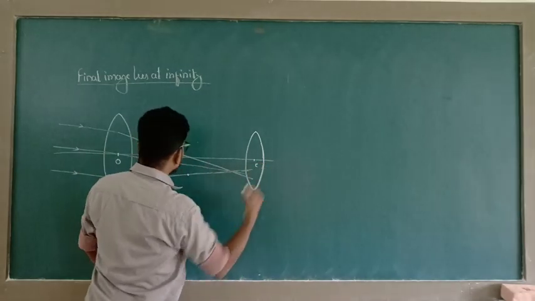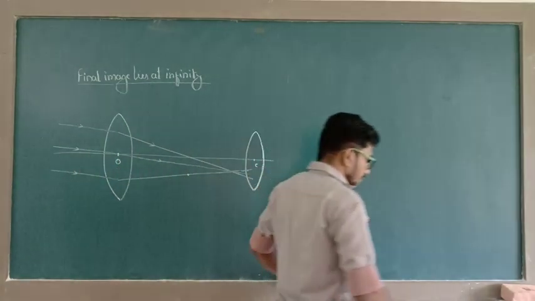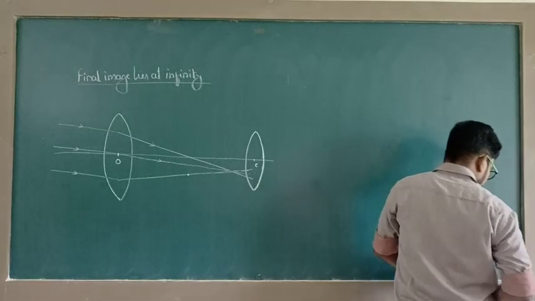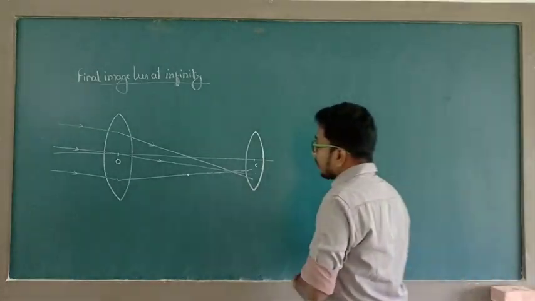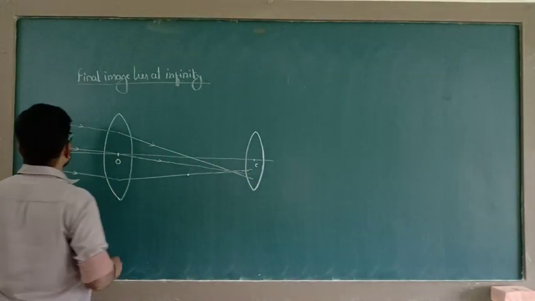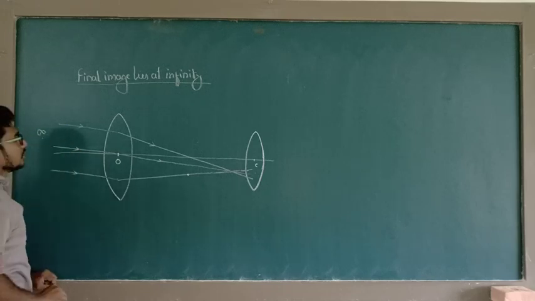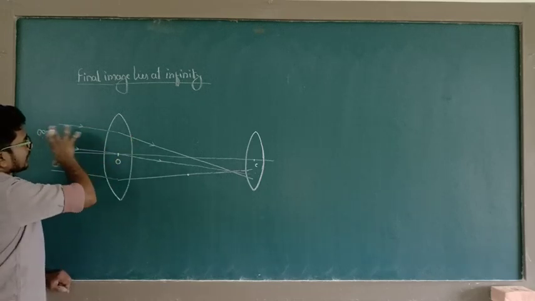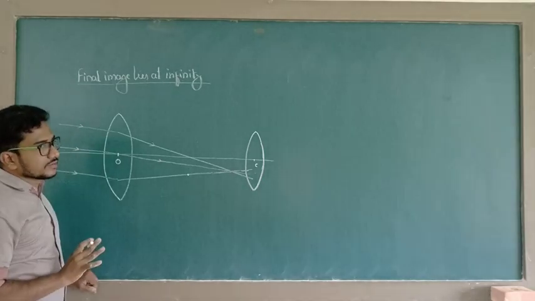Optical center of the eyepiece, optical center of the objective. So here the final image lies at infinity, and our object also lies at infinity. So again these light rays are parallel to each other but not parallel to the principal axis.